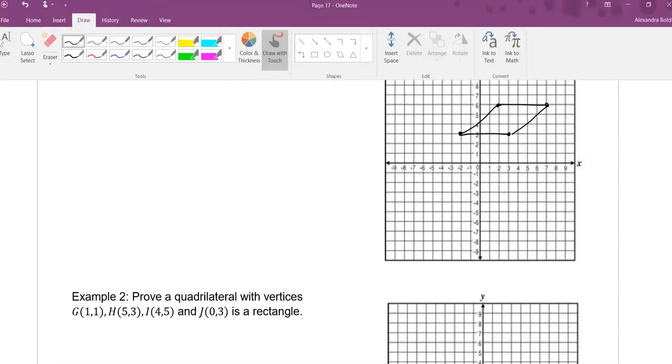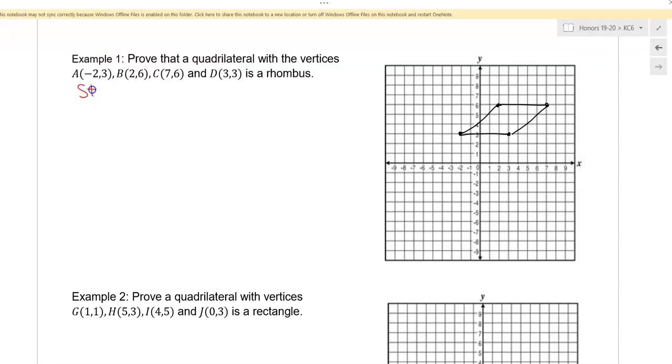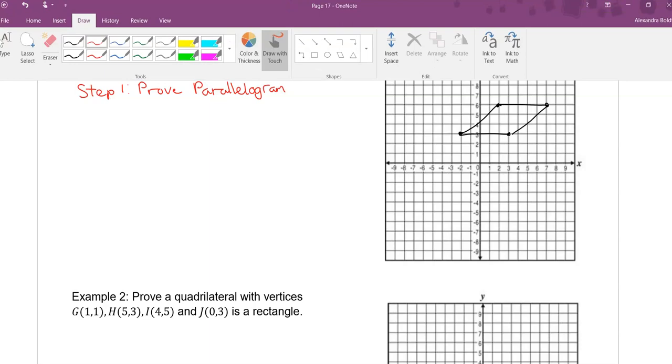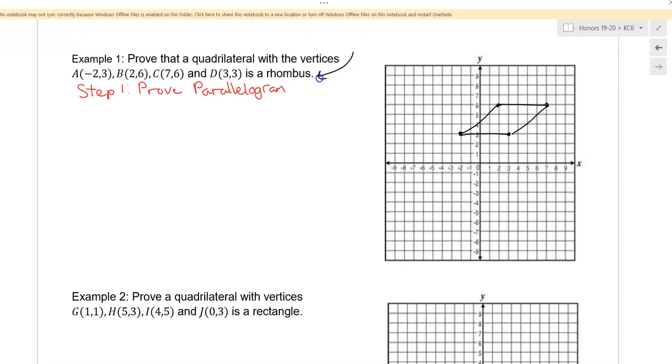So our step one is to go back to what we did yesterday and prove it's a parallelogram. Okay. Depending on what you have to do for the specific shape can help decide which method will be easiest. To prove something's a rhombus, I need 4 congruent sides.